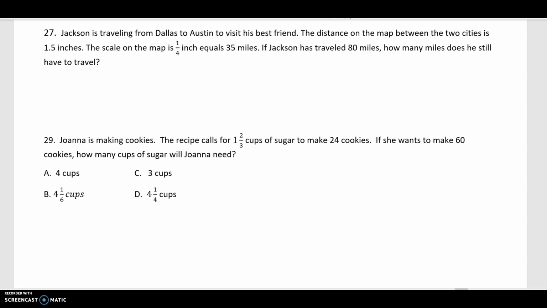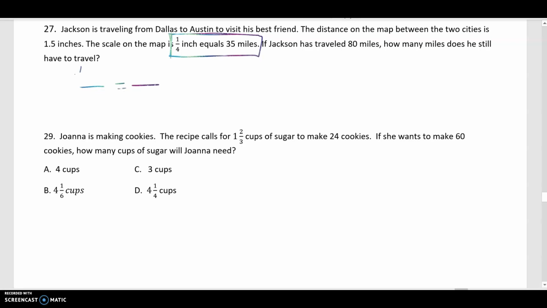So we know our scale is 1/4 inch equals 35 miles. So if we're given a scale, we know we have to set up a proportion. Okay, so 1/4 inch equals 35 miles.